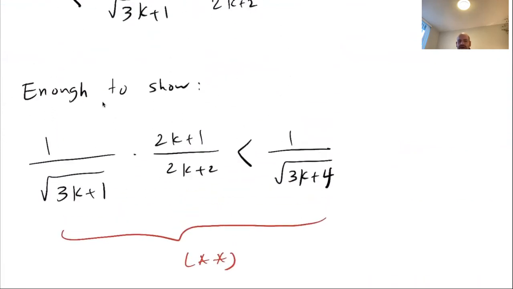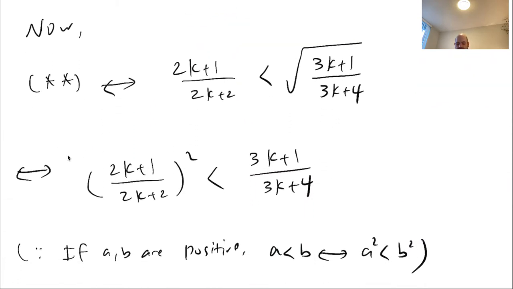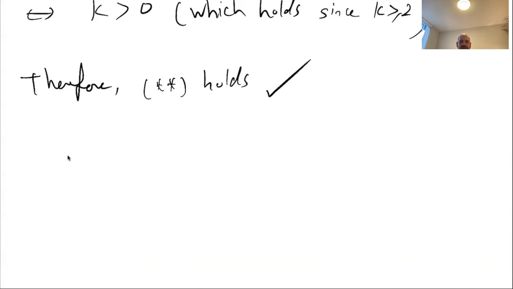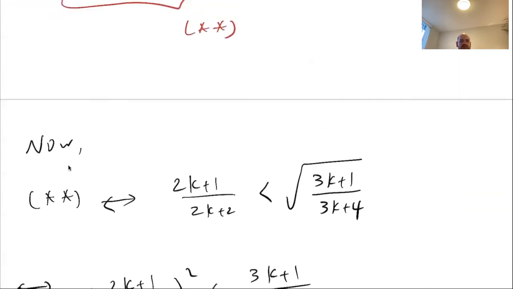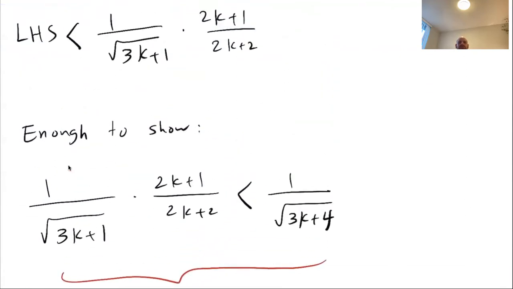And I already established that it's enough to show 2 star, and 2 star holds because k is bigger than 0. So therefore, 2 star holds. And we already established that it's enough to show 2 star, and we just established that 2 star holds.